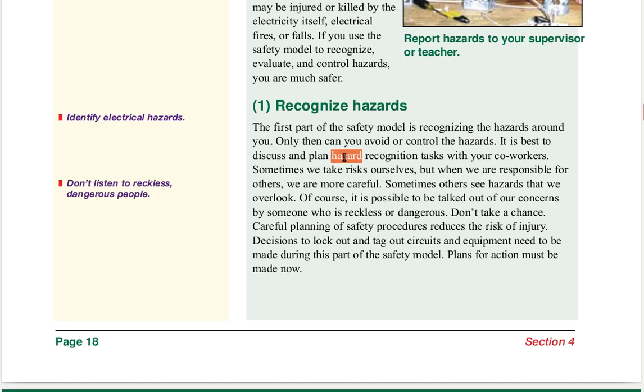Here we see the word hazard. The hazard is the object and the situation that can cause harm. We also see the word risk. Risk is the chance that an accident will occur, whether it is low, medium, or high.